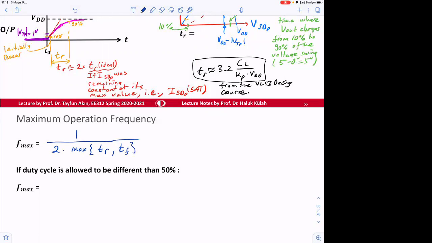That's how we determine this Fmax. Why? Because we want to have equal switching times. So if the period is T, and if this is 50%, this is T divided by 2 and T divided by 2. So this is called 50% duty cycle.